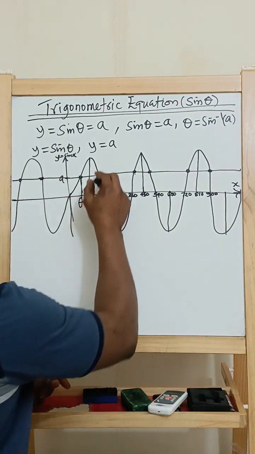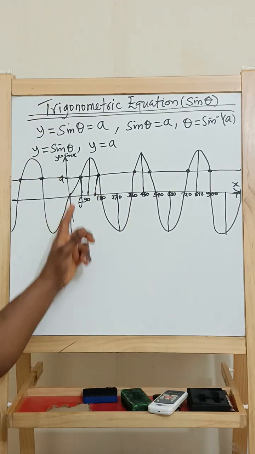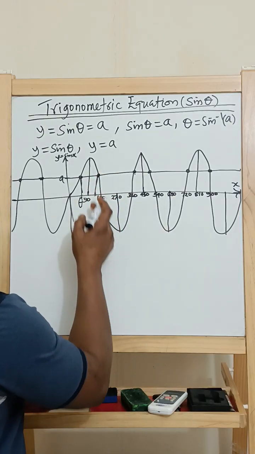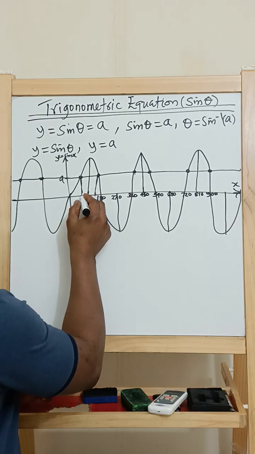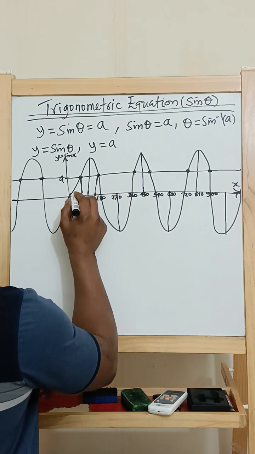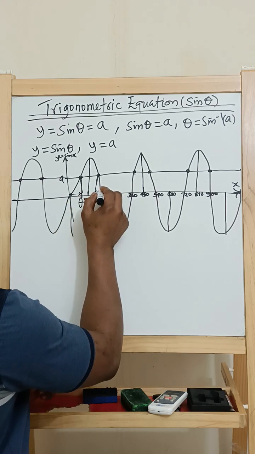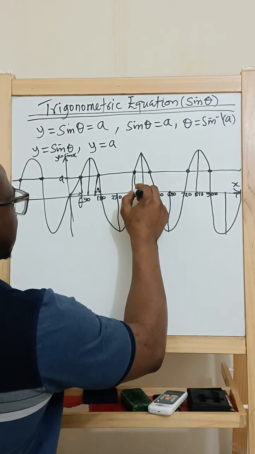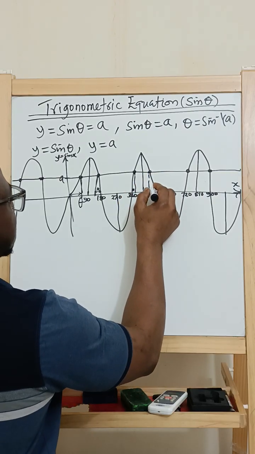And one short thing about sine theta is that the curve is usually symmetrical. From here to here is theta, then from here to here will also be theta. The same way it is going to be here: here theta, here theta.